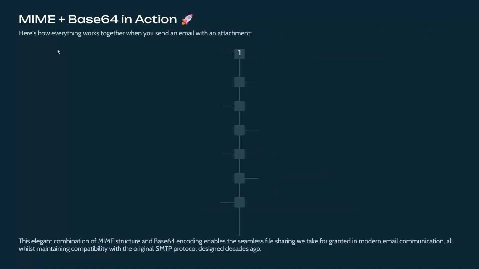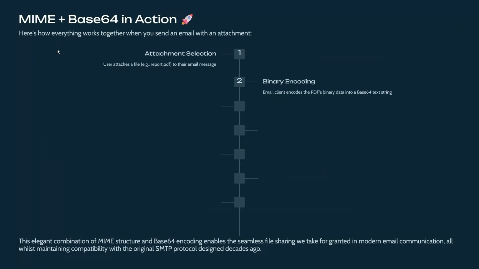Let's see the entire MIME and base64 process in action. First step is attachment selection. The user attaches a file, for example a PDF. At this point, the file is binary on the disk and the client prepares it for transport. The next step is binary encoding.